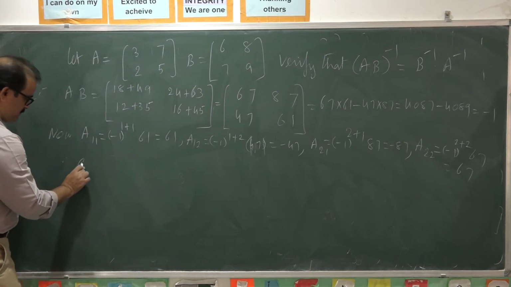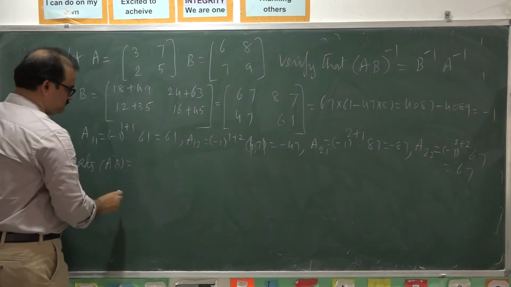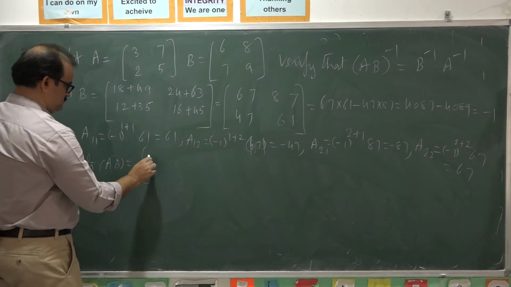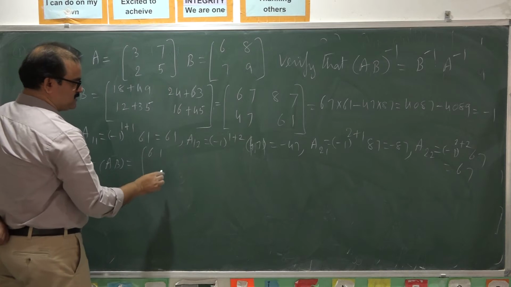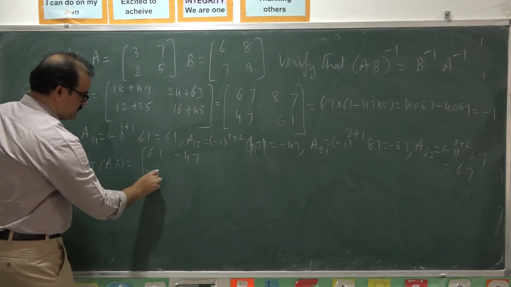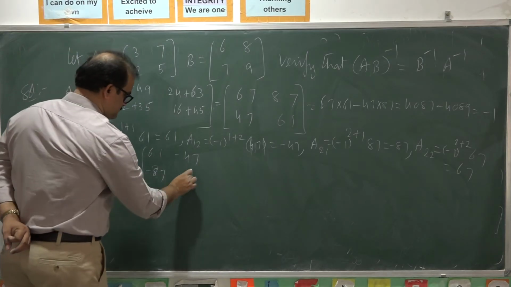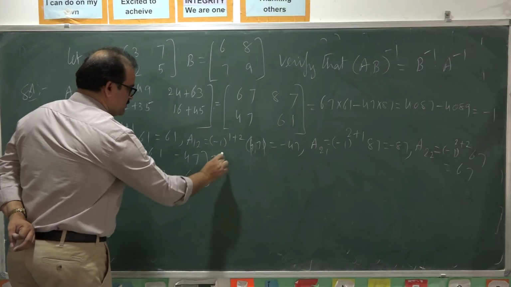Therefore adjoint AB is equal to (61, minus 47, minus 87, 67).